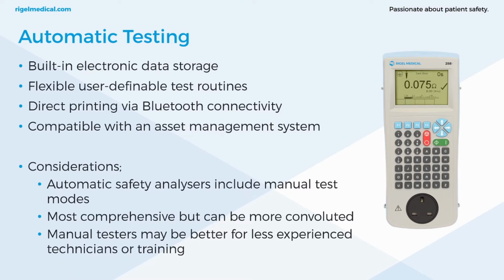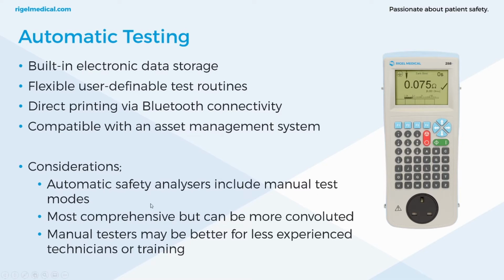There's also, and we'll come on to this in the Rigel 288 webinar, a 288 downloader app, and this is Android based. What it does is it converts the test results into a PDF style report, and then you can attach that to your work schedule, part of your asset management system. So really it's for recording results, automating procedures, and making your workflow better.